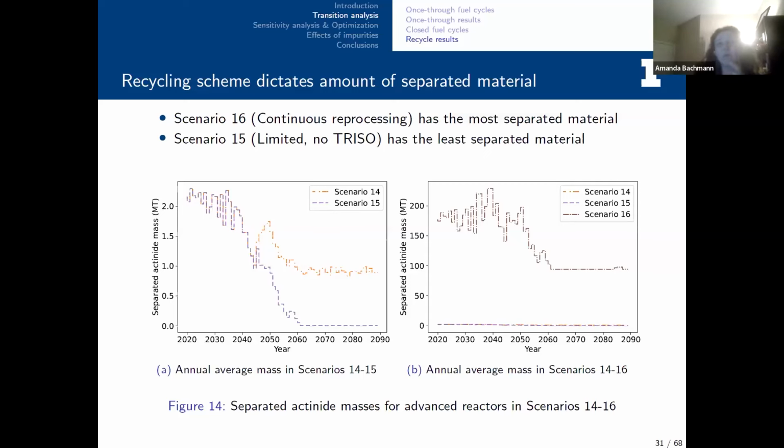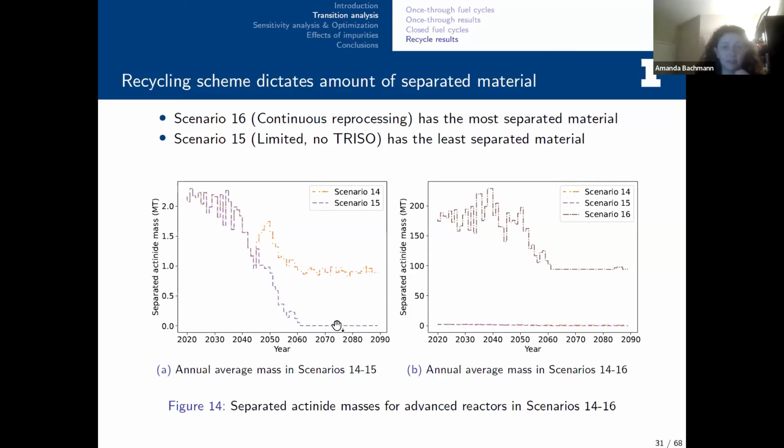So we're taking out the uranium and multiple transuranics. And really just by taking out the uranium from that separated material, that's the primary factor that drives the amount of separated actinide material that we have, because most of your spent fuel is going to be uranium still. Versus for the other scenarios, we're really just pulling out the plutonium. And so that's really going to limit how much of that separated material you can get.